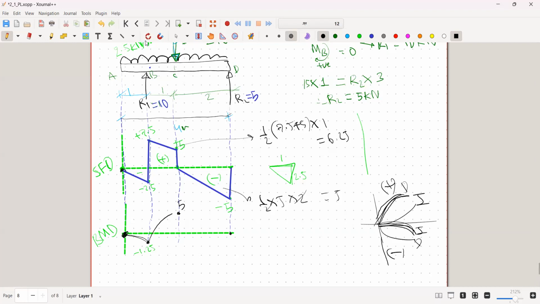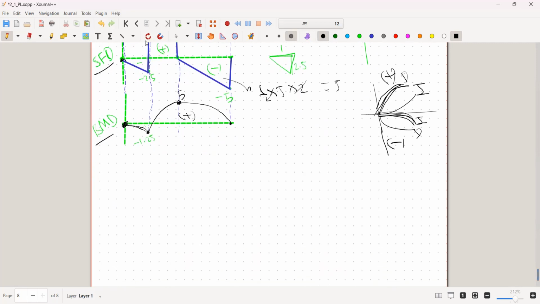So positive decreasing will be like this. Then again we can see the negative increasing; the negative increasing will be this. So this is our resulting moment diagram.